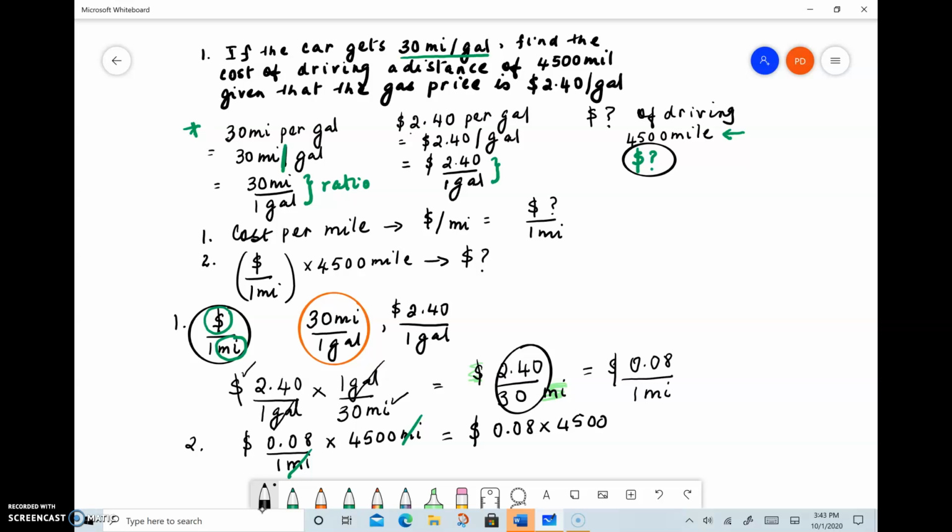And let's use our calculators real quick and figure out what this amount is. So that would be 0.08 times 4,500, and that is $360. And remember, that's exactly what we wanted. The cost of driving 4,500 miles.